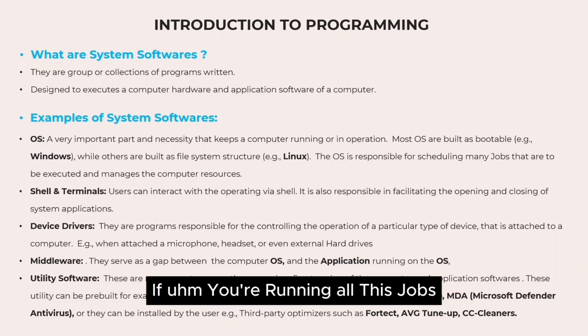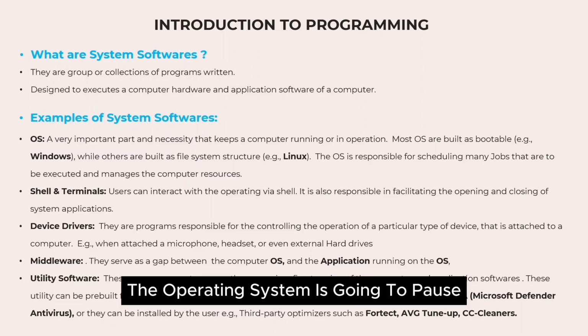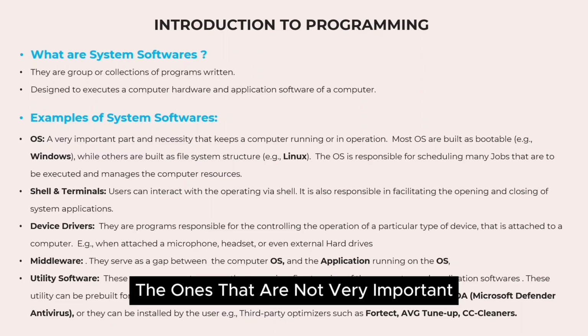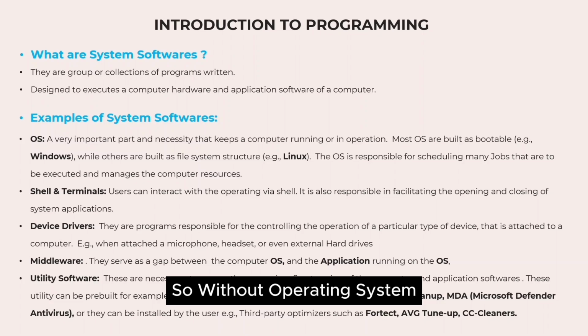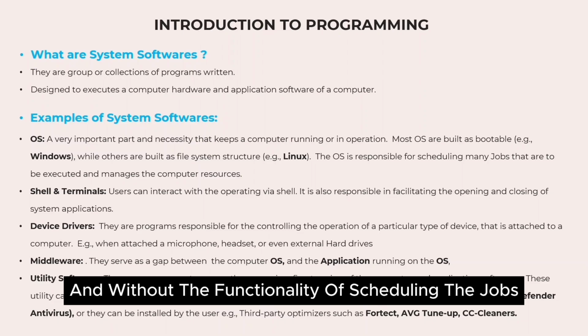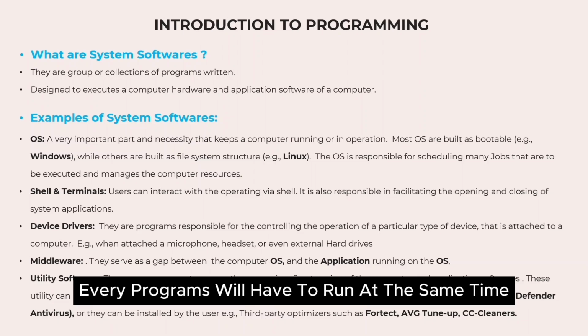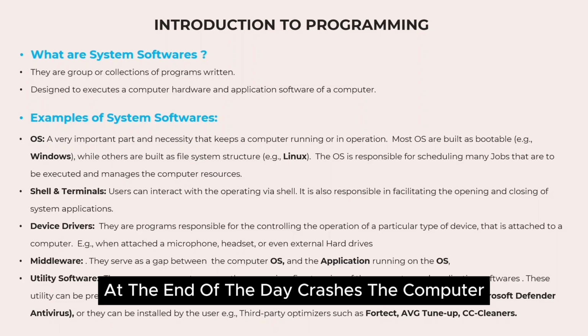While you're running all these jobs at the same time, the operating system is going to pause the ones that are not very important and serve the current one that is being requested. So without the operating system, there is no way these programs can work. And without the functionality of scheduling jobs, every program would have to run at the same time, which of course at the end of the day crashes the computer.